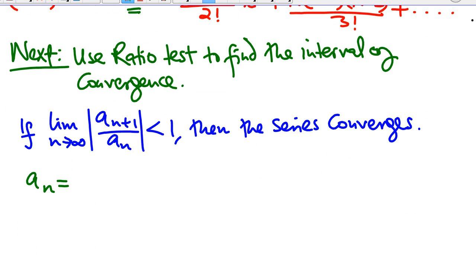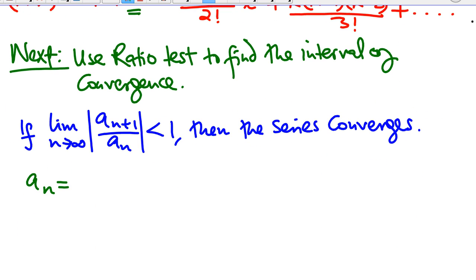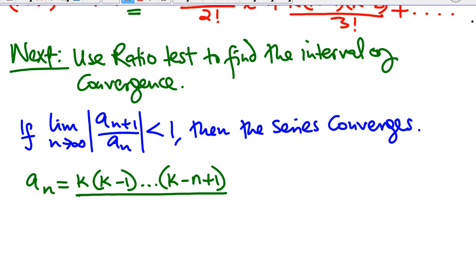So my S sub n will be k into k minus 1, up to where I stop, which is k minus n plus 1, over n factorial.